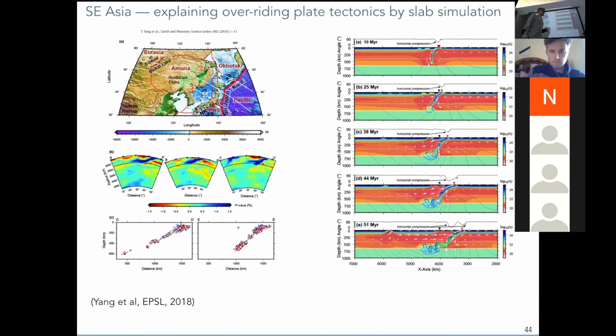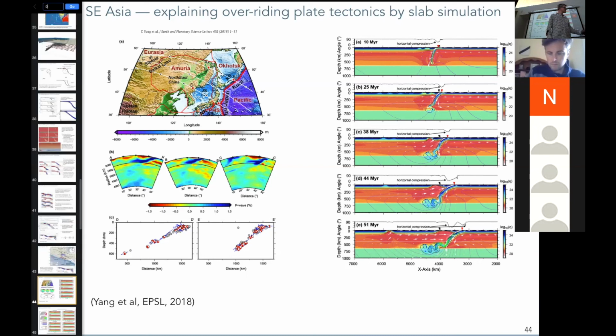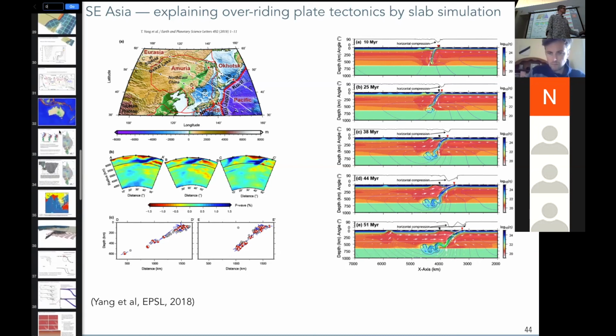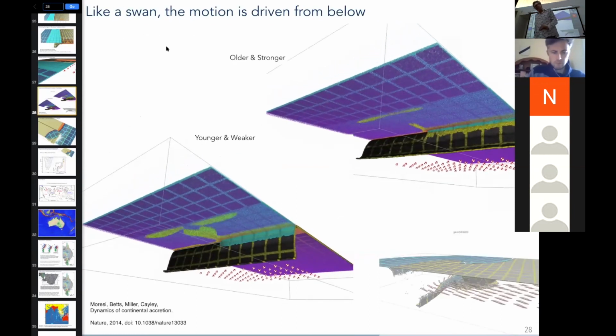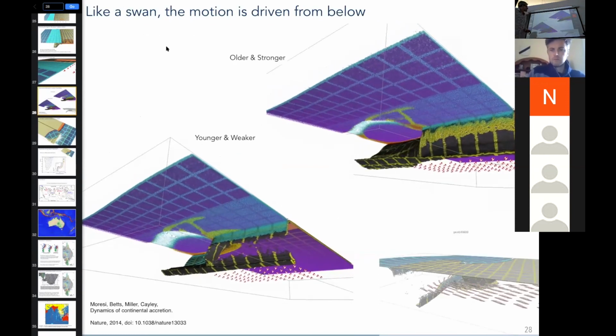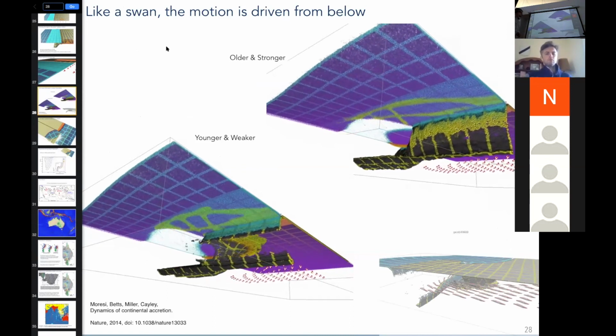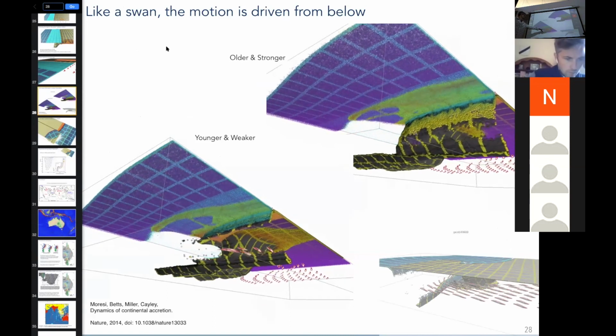I tried to show that in one of these movies, a pair of movies, which is the younger and older slab. This is the region where the window is forming, right?